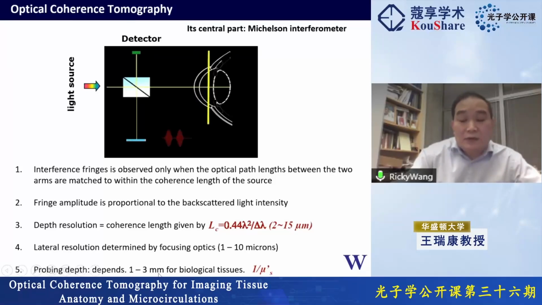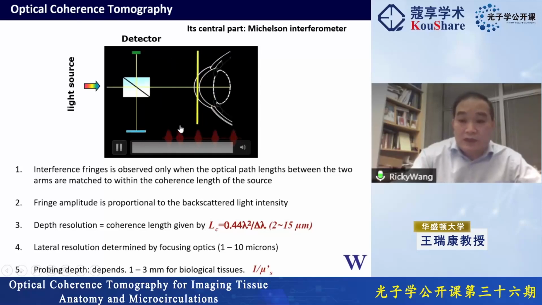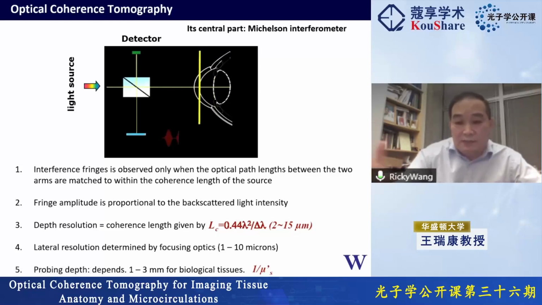For example, if you want to use the OCT system to look at skin tissue, the skin has a lot of pigments, and pigments absorb the light and also strongly scatter the light, so that will stop the light from penetrating. In skin tissue, the maximum depth is about 1.5 millimeters.